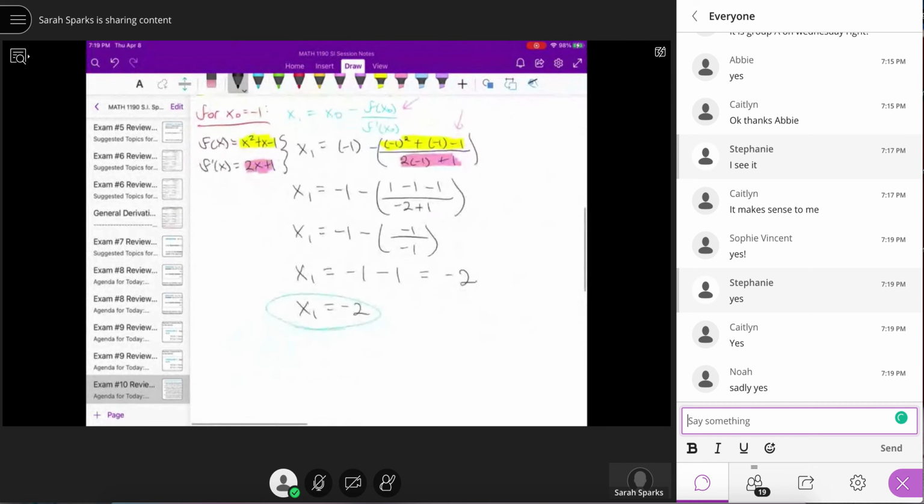All right, so now we're going to find x2 for x1 equaling -2. So we can write our equation: x2 is going to be equal to x1 minus f of x1 over f prime of x1.